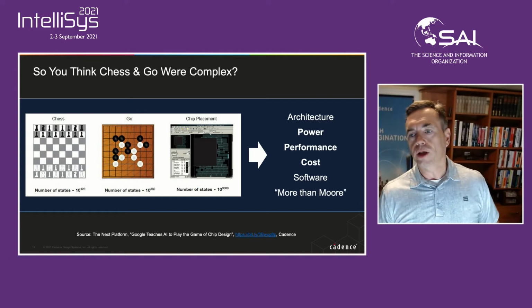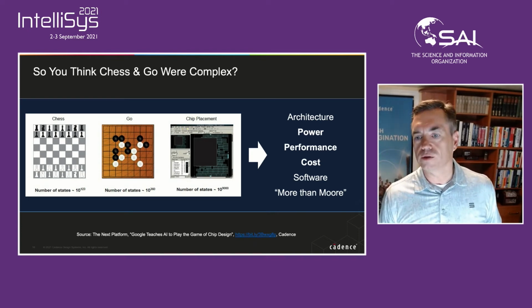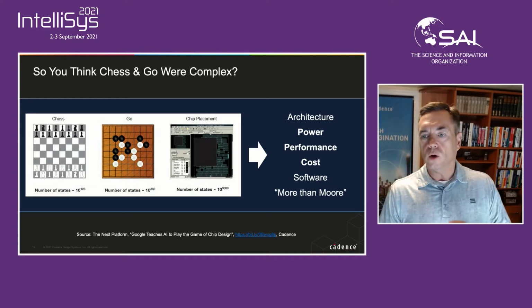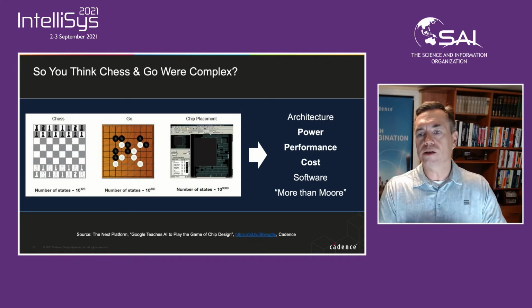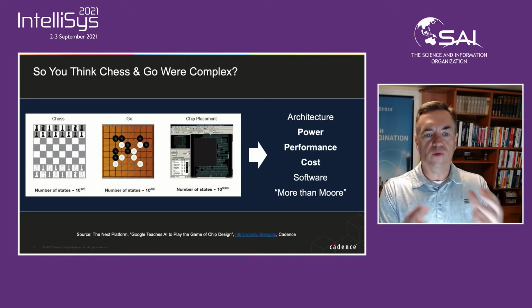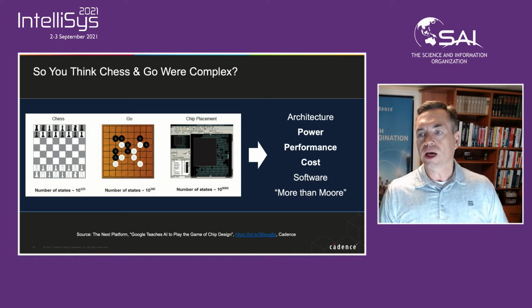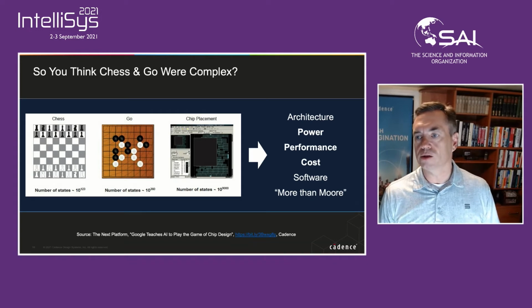And not only is the state space for that already bigger, this is in reference here from recent articles from Google, I've referenced down here, this is not only the number of states for the placement here, which is much more complex, but you also are facing a situation where it's not a win or lose like it is in chess and Go. You're actually trying constantly to balance various parameters, and especially the bold ones here. PPA is a term you hear quite a bit: power, performance, and area, translating into cost.